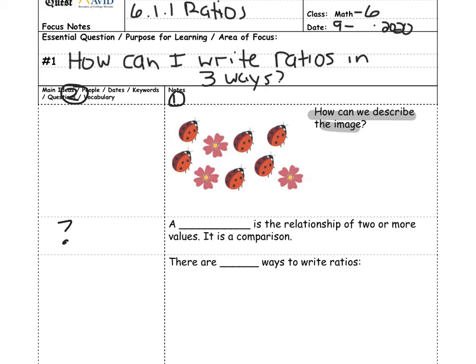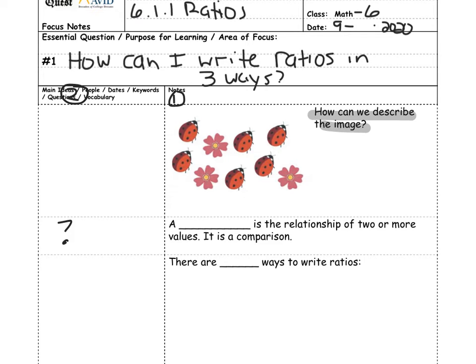How can we describe this image? So I'm looking at this, and one way I can say, oh, I have some flowers and I have some ladybugs. Or I could be more specific. I see 2 ladybugs, 2 flowers, and 4 ladybugs, 1 flower.